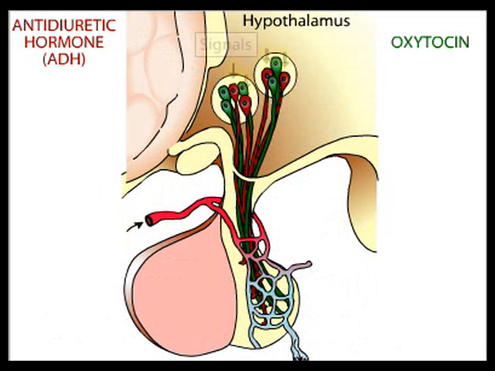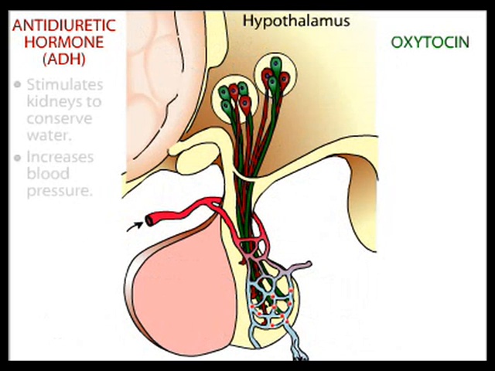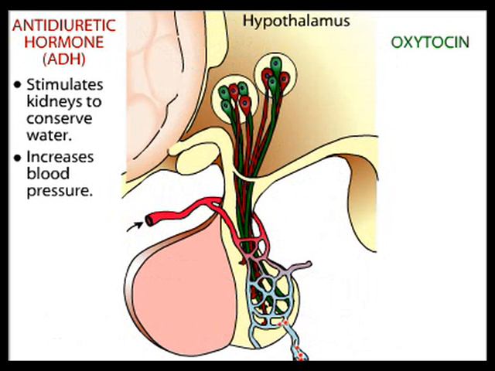Now, the release of the hormones from the hypothalamus into the posterior pituitary is twofold. One hormone is the antidiuretic hormone, also known as ADH or vasopressin.